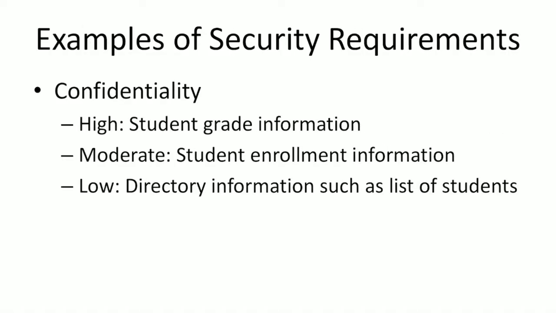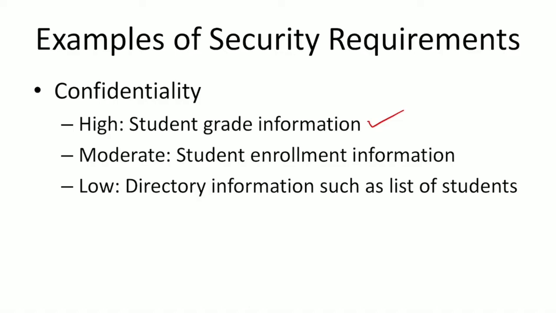Let's look at some examples of security requirements for confidentiality, integrity, and availability, which are the 3 primary computer security objectives. So, first is confidentiality. Student grade information is an asset whose confidentiality is considered to be highly important by the students.